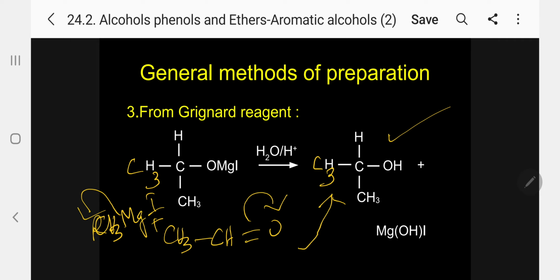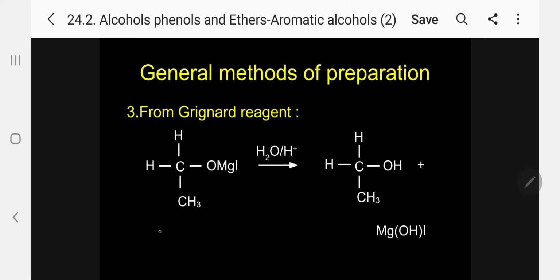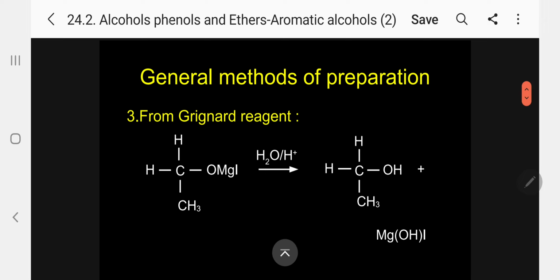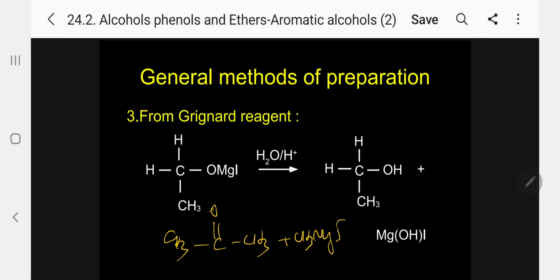So in the case of formaldehyde, we get ethyl alcohol, a primary alcohol. In the case of acetaldehyde, we get a secondary alcohol, isopropyl alcohol. Suppose you take any ketone, for example CH3-C=O-CH3, and add methyl magnesium iodide.